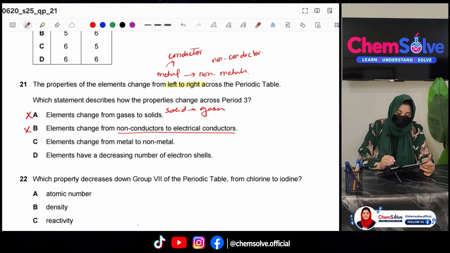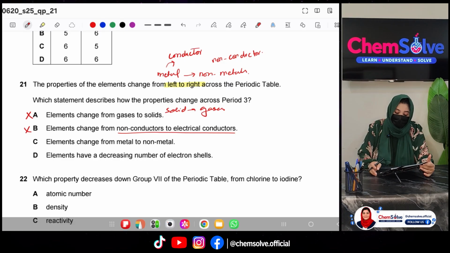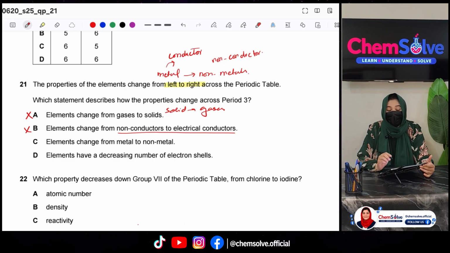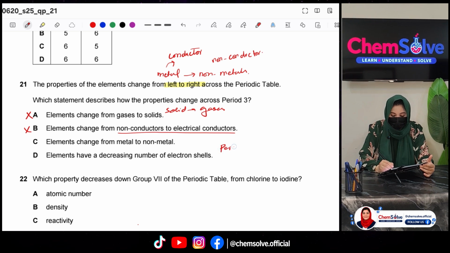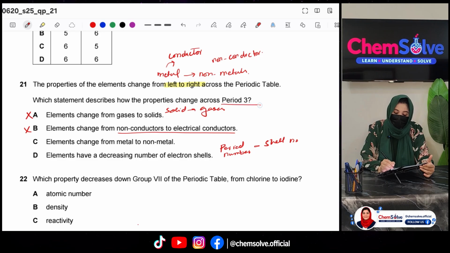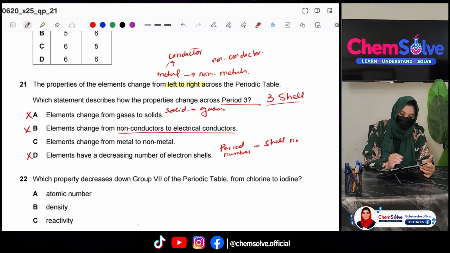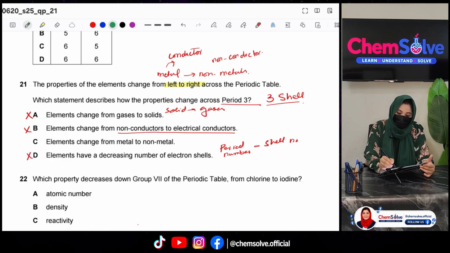When we are in the same period, the number of shells will remain the same. Period number is equal to shell number. If something belongs to period 3, all the elements would have 3 shells. So this statement is also wrong. That's why the correct statement is C.